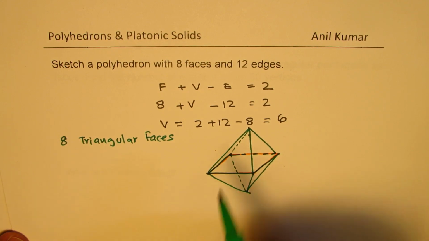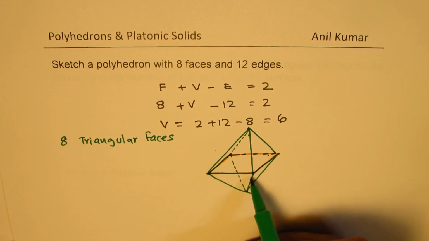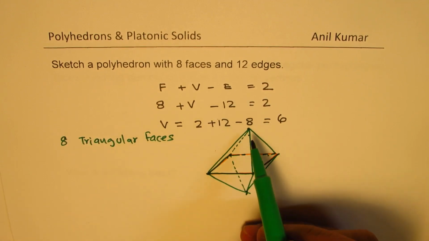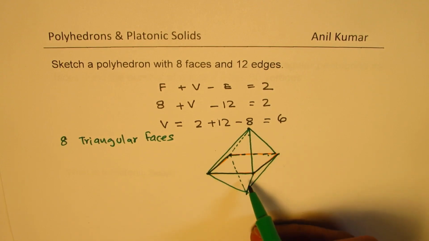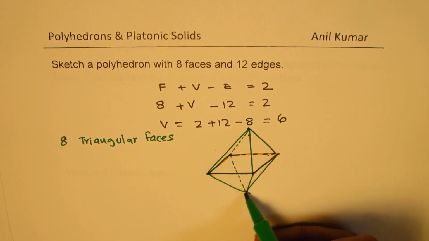The number of vertices are clearly 1, 2, 3, 4, 5, and 6. Correct? 6 vertices. And as far as the edges are concerned, we have 4 on the top, and we have these 4 and 4 in the center.